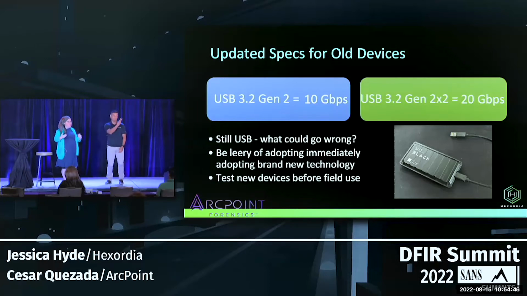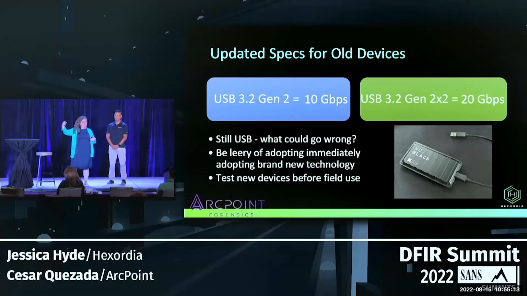So if you run into one of these in a while, these are going to give you 20 Gbps, versus the 10 Gbps you're going to get with regular USB 3.2, which is really confusing because USB 3.0 was renamed. Anyway, so many times, 3.0, 3.1. Oh, now we're 3.2 and we don't care if you're backwards because it's 3.2 Gen 2. Anyway, if you have in evidence a 3.2 drive, it is backwards compatible, 3.2 Gen 2x2.